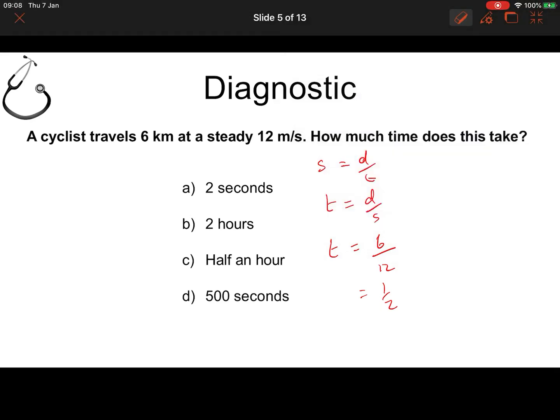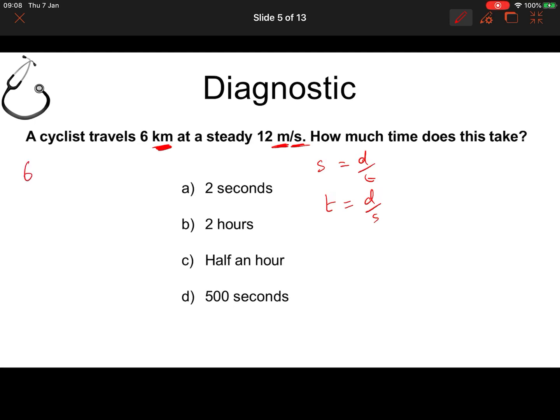Okay, basically it's wrong. What you've done is wrong simply because we've mixed units. This is metres per second and this is kilometres. What we need to do is make sure the units are consistent. So we can either change this into metres or change this into kilometres, probably per hour.